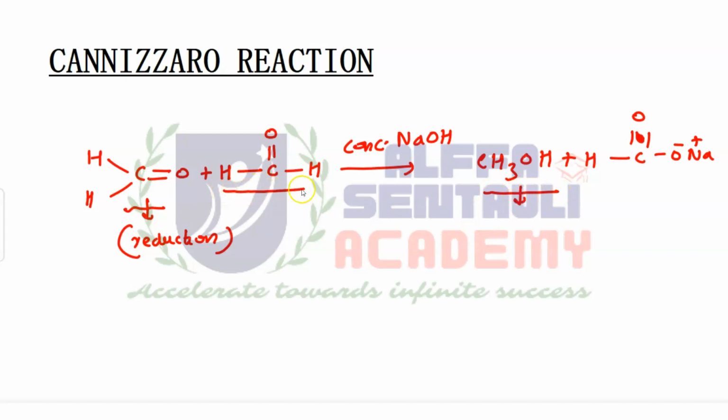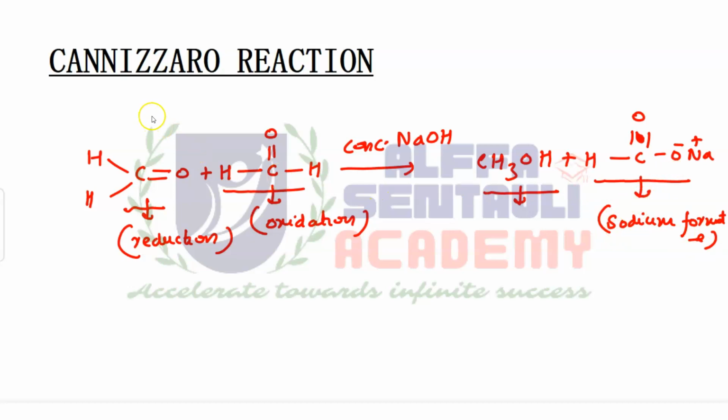This compound has undergone oxidation. Oxidation of aldehyde gives carboxylic acid, so you get a salt of carboxylic acid. That is why you name this compound sodium formate, because this is formic acid. That is why you call this compound sodium formate, the salt of an acid.